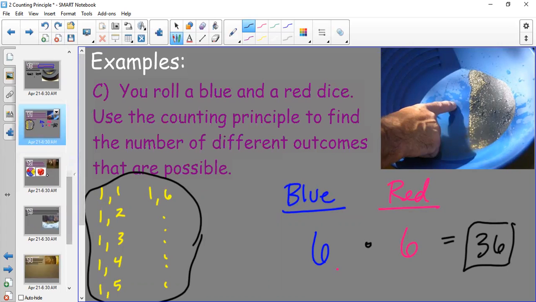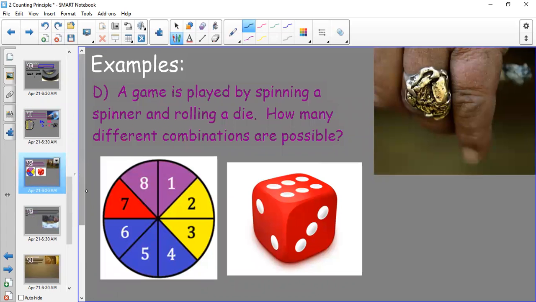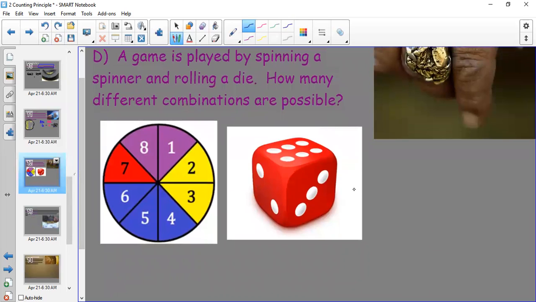All right, let's try another one. So we're playing a game. You have to spin the spinner and roll the dice. How many possibilities are there? So possibilities or outcomes in event 1 is 8. Outcomes in event 2 is 6. Shortcut says multiply together to get 48 different outcomes.